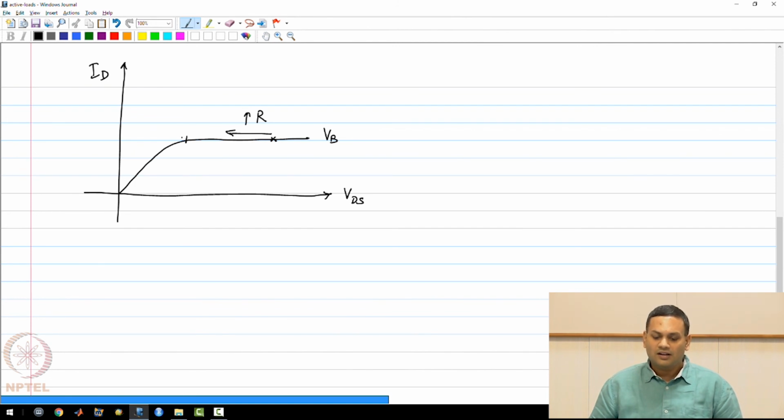Now, it turns out that you need a large value of resistance without changing the bias voltage at the output.